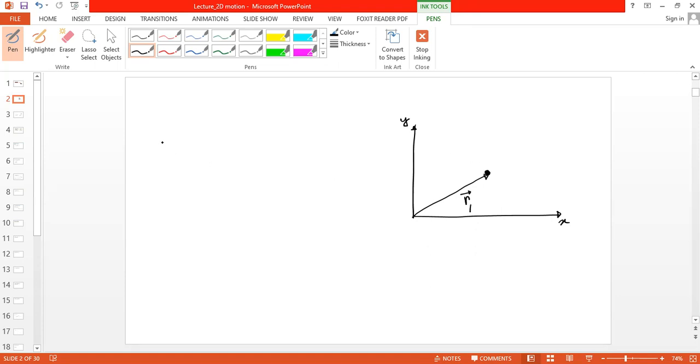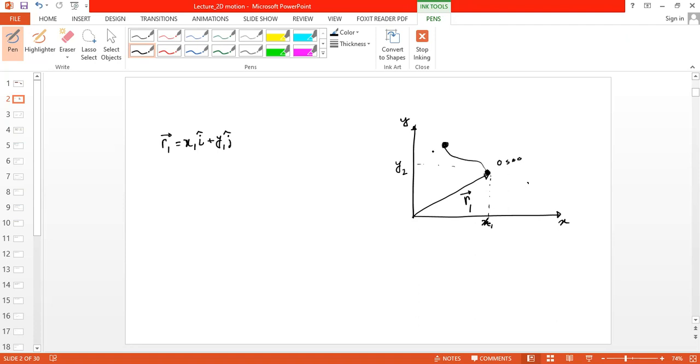How do we define R1? The component of R1 along the x direction is x1, and along the y direction it is y1. So initially R1 equals x1 i plus y1 j. Let's say this is at time 0 seconds, and after time t seconds the object has moved and is here.